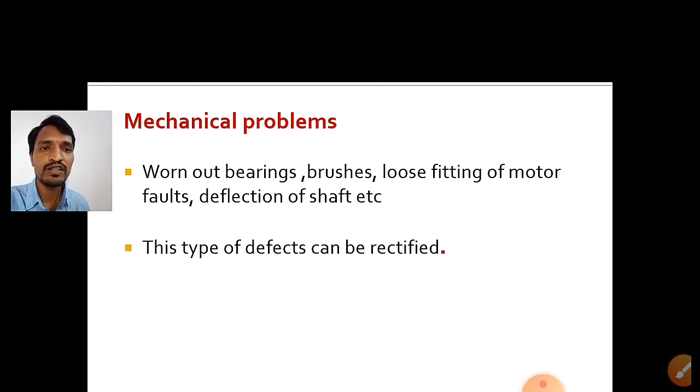If the brushes are not in good condition, we can replace them, or if they are in loose contact with the commutator, we can tighten them into contact with the commutator. Loose fitting faults can be rectified by tightening the nuts and bolts. For deflection of the shaft, as I said earlier, we can replace the shaft or balance the shaft, whichever is possible.